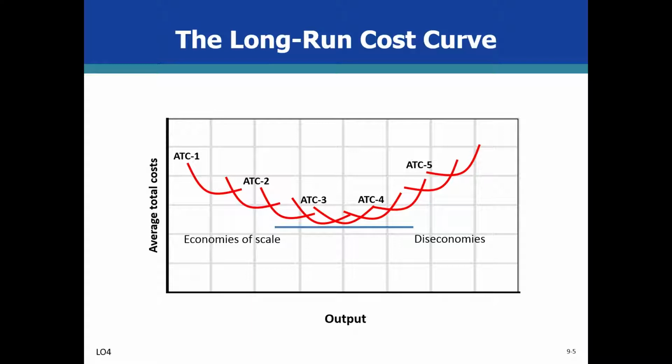You can see that this transition is not always smooth. The move from ATC1 to ATC3 can be a bumpy road and may take considerable time. The move from ATC1 to ATC3 represents a single firm generating economies of scale.